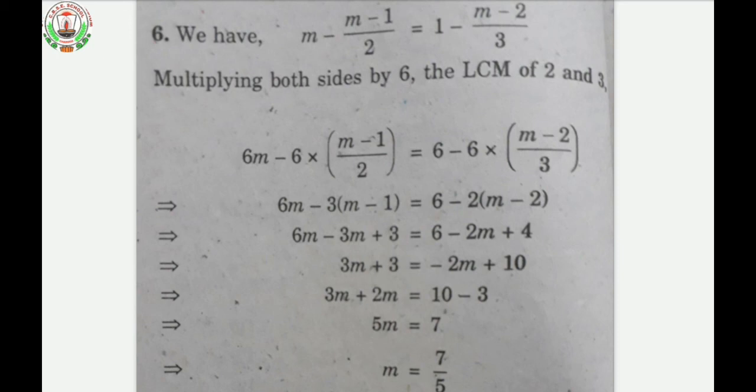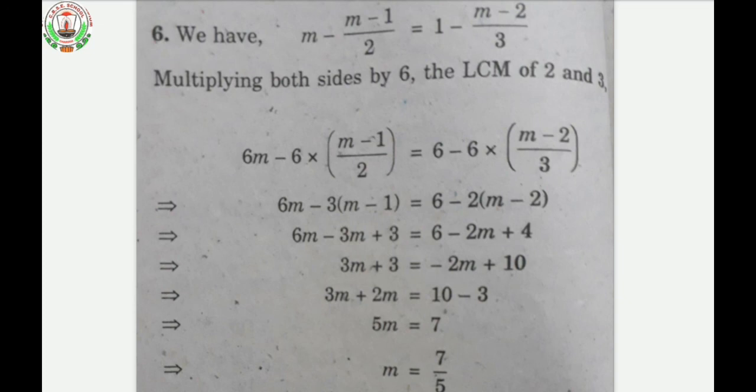In the same way, on the right hand side, 6 minus 6 into, 6 is in the numerator and 3 is in the denominator, and the other terms are in the bracket. So, 6 and 3 will get cancelled. So, 3 ones are 3 and 3 twos are 6. So, what is left is 6 minus 2 into m minus 2. Now, we are going to open the bracket by multiplying the numbers.